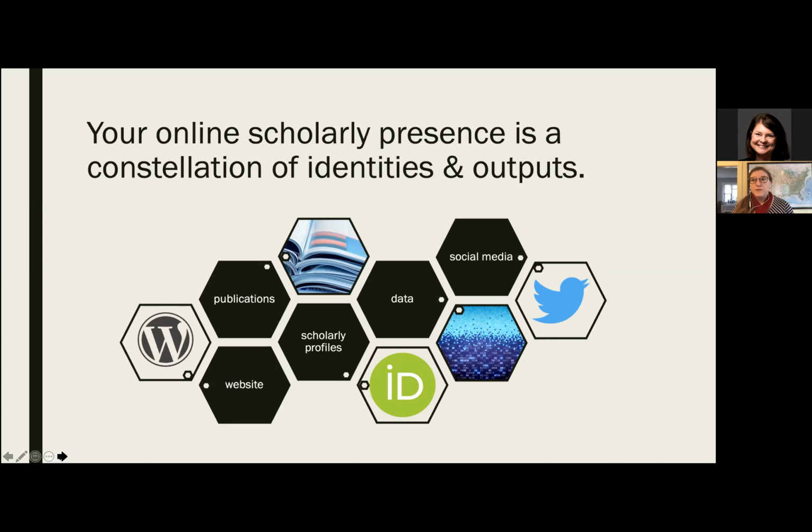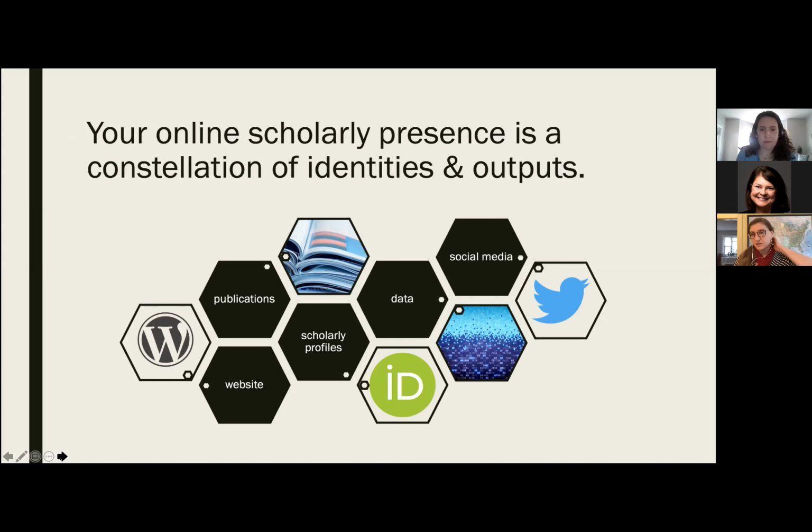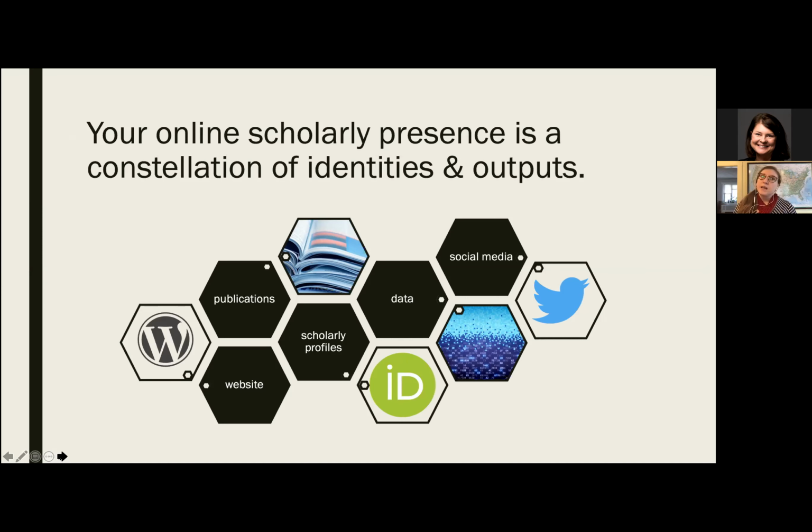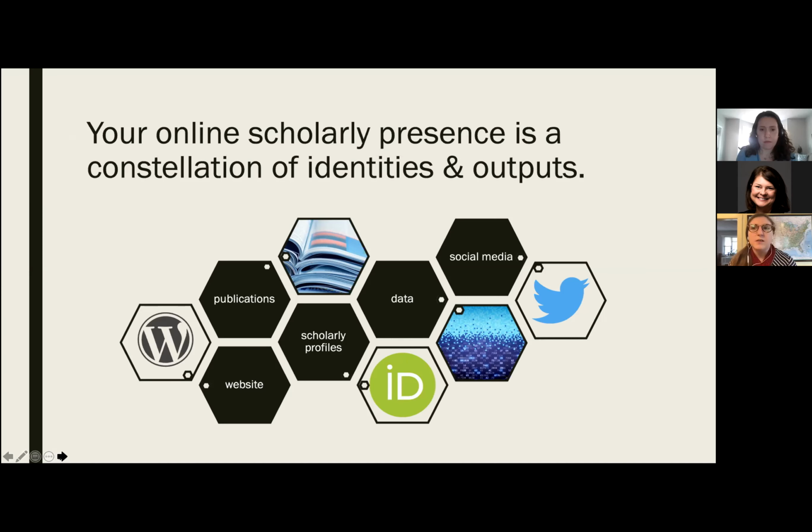Especially for those of us who are in academic disciplines, another type of identity is your scholarly profile. And I would think of that as your CV, your curriculum vitae, but it would exist in a number of different formats, and we will talk about what I mean by scholarly profiles in a bit more detail later on.